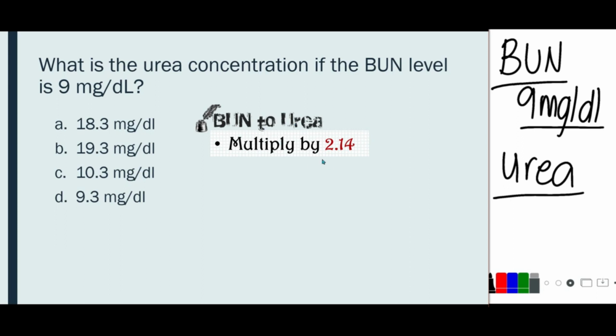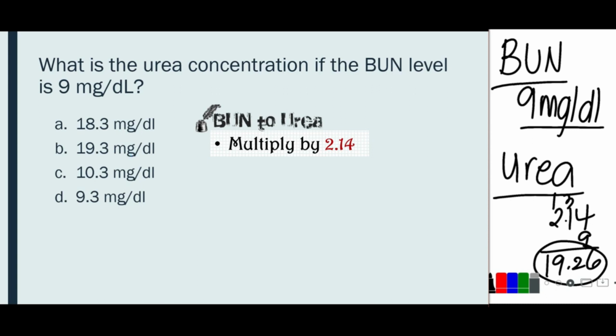BUN to urea, multiply by 2.14. So, according to our question, that is 2.14 times 9. So, let's see. This will be equivalent to 19.26, or if you round that up, this would be equivalent to 19.3 milligrams per dL. So, the correct answer for this question would be letter B.